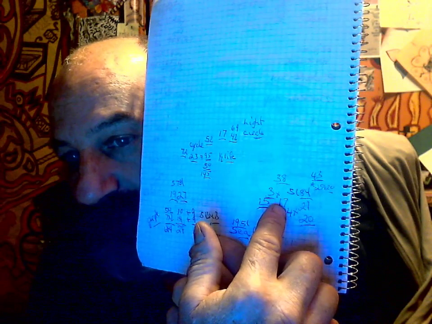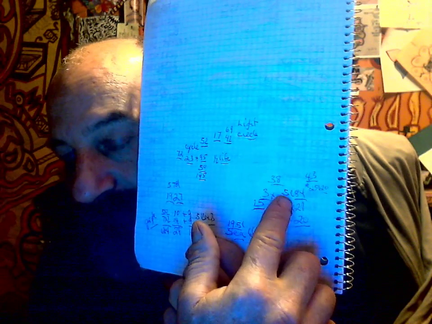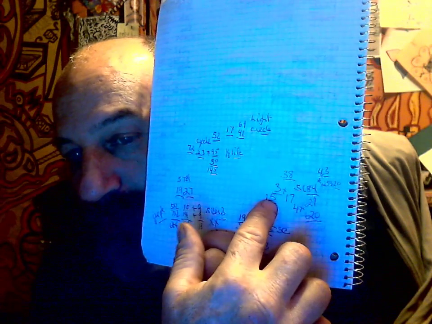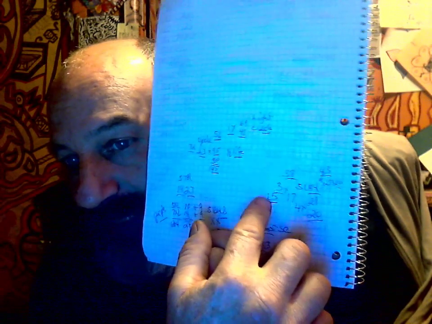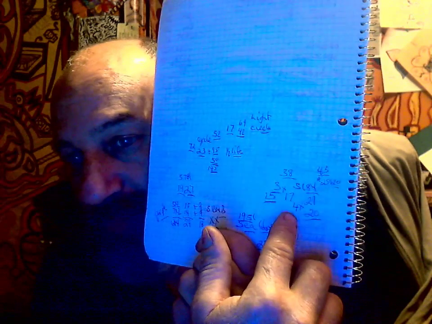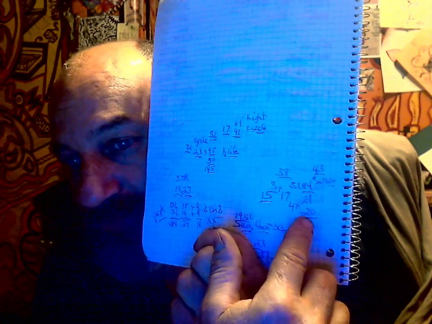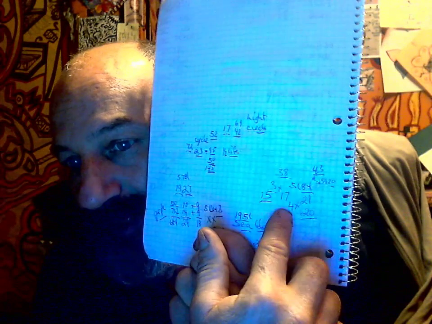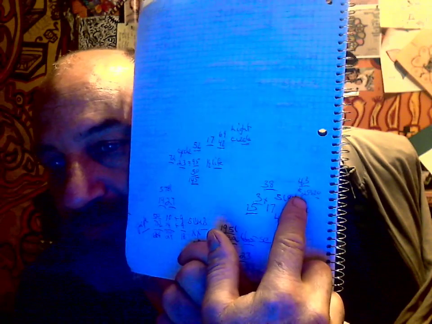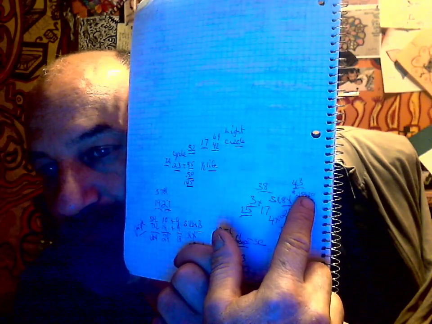Because 3 times 17 is 51, and 5 times this complete number. So now we have 5 times 3 is 15. Now we have 4 times 21 times 5 times 4 is 20. 5 times 3, 5 times 4, 15 and 20, the year 2015, 25,920 of the Mayan count.